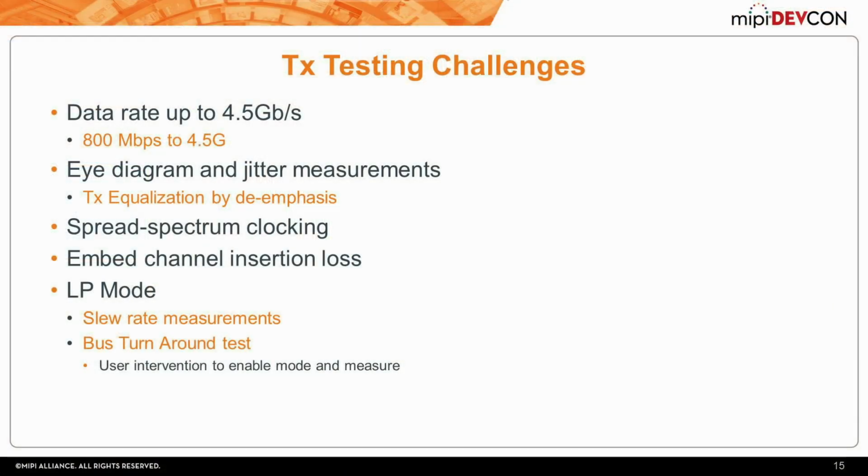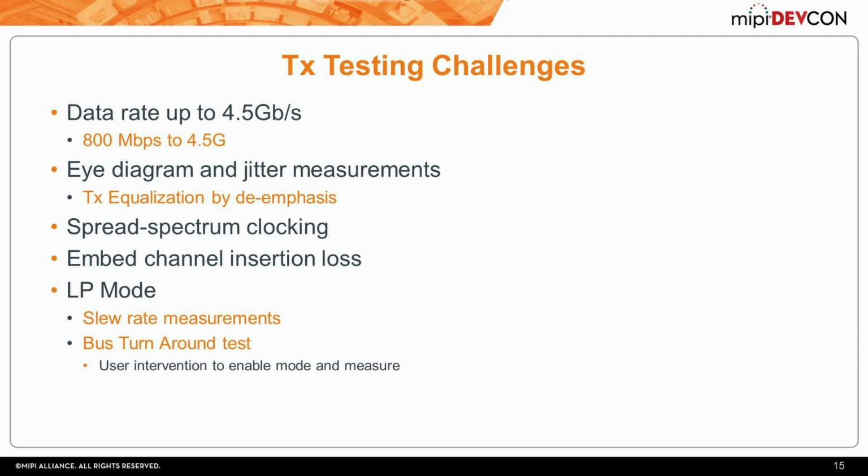So we have 4 spec versions now, version 1.0 to 2.0. 2.1 is being talked about, which will be ready by the end of the year, and spans from 800 Mbps to 4.5 gig. So you need to know what equipment suits which version, or you want equipment which covers the whole range. Those are points to think about.